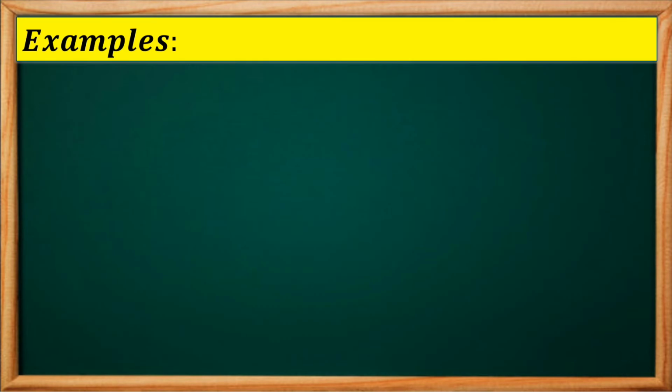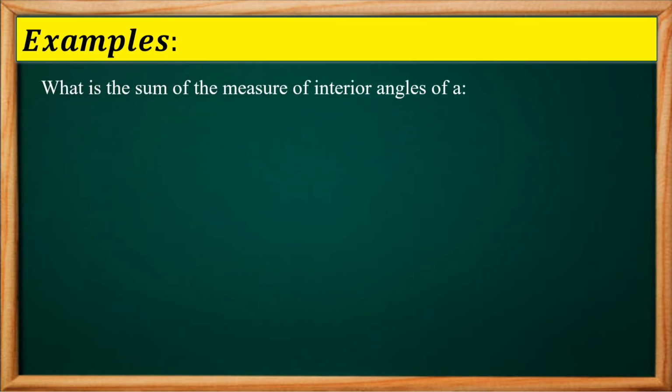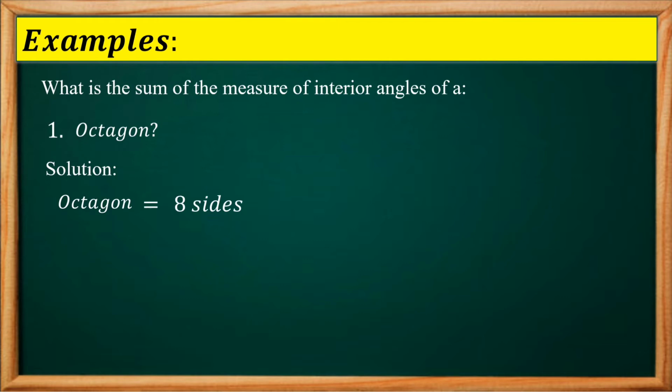Okay. Let's have here the example. What is the sum of the measure of the interior angles of an octagon? Octagon, how many sides? 8. Using the formula, n represents the number of sides. Therefore, n is 8 because we have here the number of sides is 8.